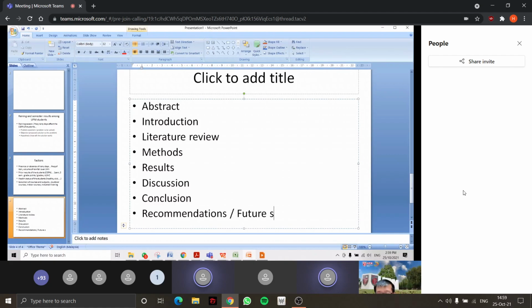Thesis technically will have a structure along this line: the abstract, introduction, literature review, methods, results, discussion, conclusion, recommendation, and so on and so forth.